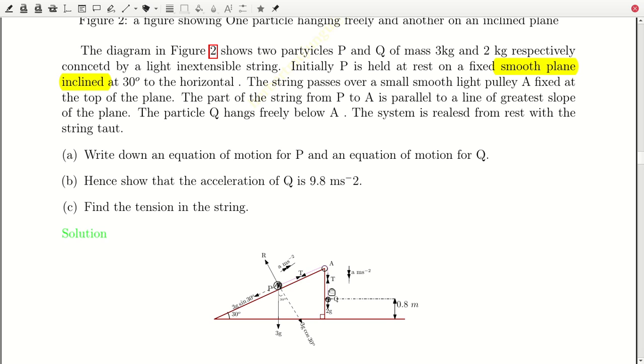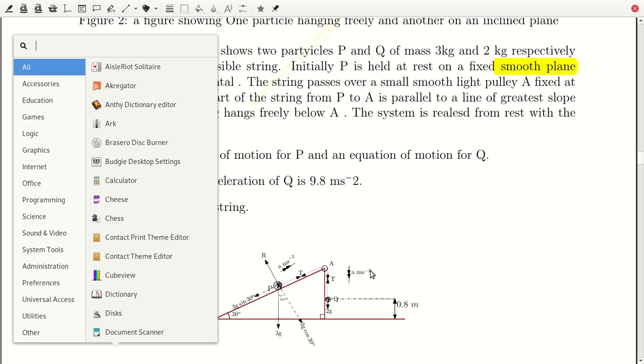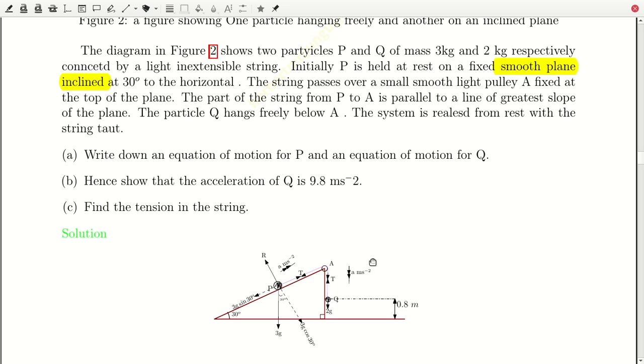Then they have told us that the pulley is smooth, meaning there is no friction at the pulley. I think that's all.